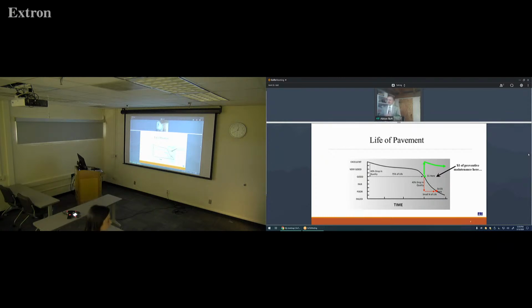The pavement maintenance and rehabilitation cost is directly related to the condition of the pavement. And the objective of pavement management system is to maintain pavement condition at a level at which our maintenance and rehabilitation cost is low. And that is the so-called main theme behind pavement management system.